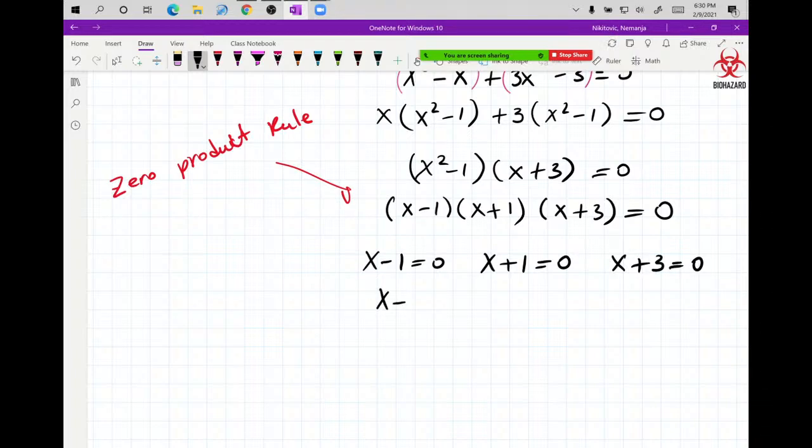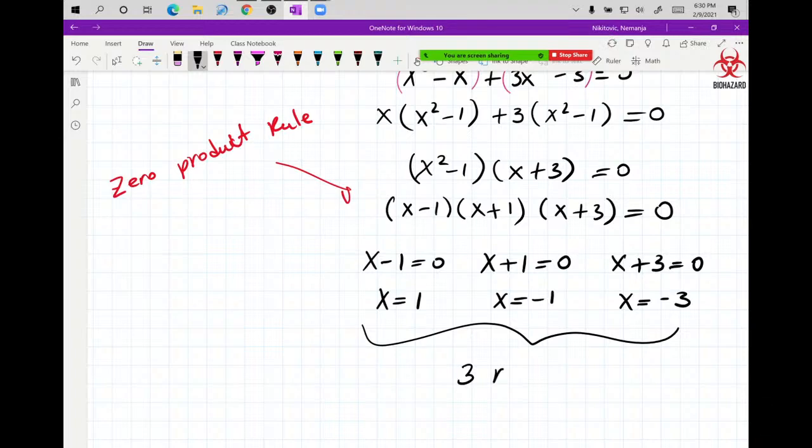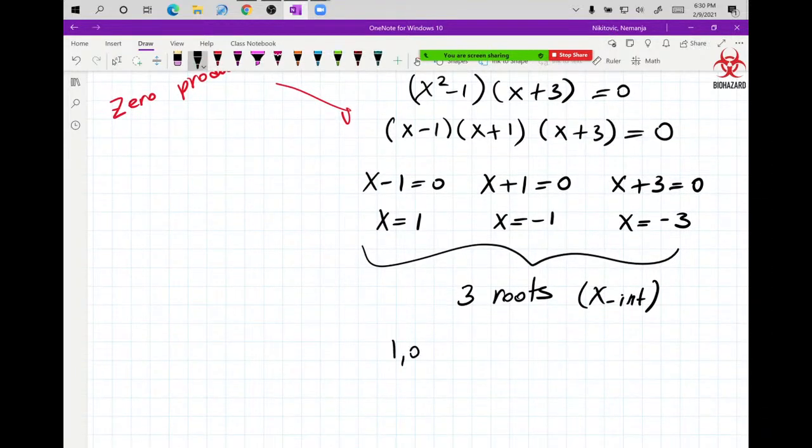And now x is equal to 1, x is equal to negative 1, x is equal to negative 3. There they are. 3 roots, also known as x-intercepts. So what are the roots? 1, 0, negative 1, 0, and negative 3, 0.